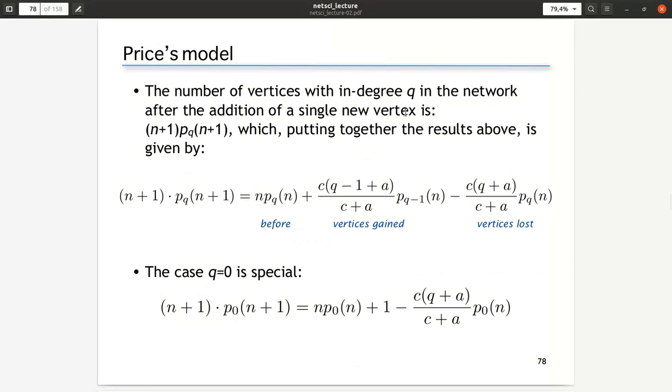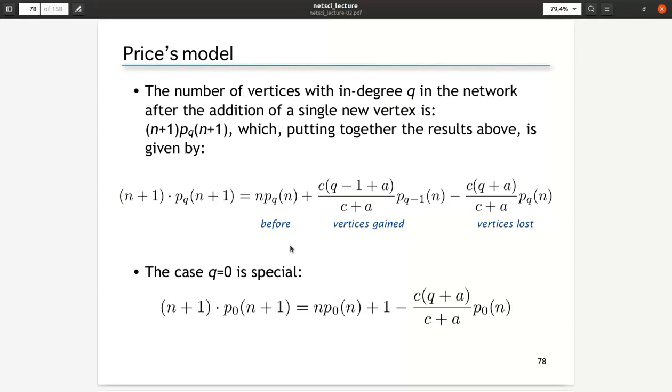So what we are going to do is model what's happening when a new node is joining the network. If a new node joins the network, so a new paper appears in the citation network, then it's going to reference on average c previously published papers, and those papers which are getting cited by this new one, their in-degree is going to be increased.